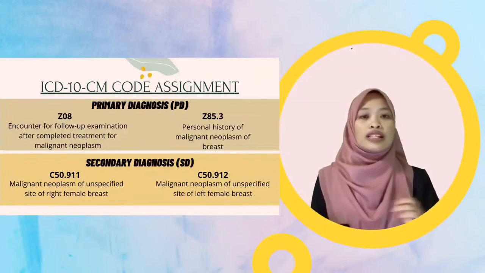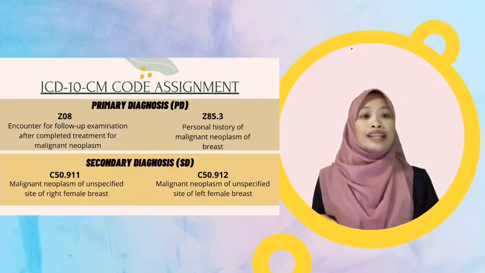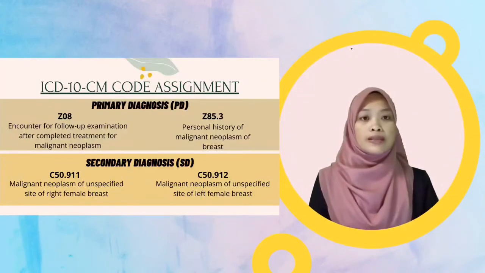The SD for this case also has two codes. First, C50.911, malignant neoplasm of unspecified site of right female breast. Second, C50.912, malignant neoplasm of unspecified site of left female breast.